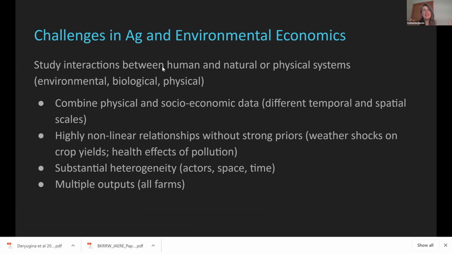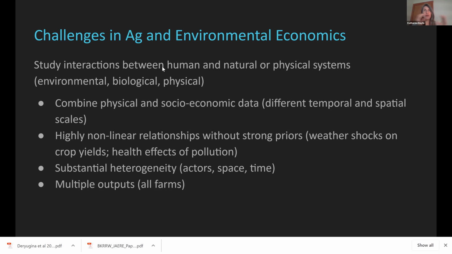As I said, we're applied microecon folks. But quite often we are dealing in spaces where we care about linkages between human and possibly natural systems, environmental systems, maybe even mechanical systems if you're worried about, say, a nuclear power plant operator and how their decisions affect air pollution.